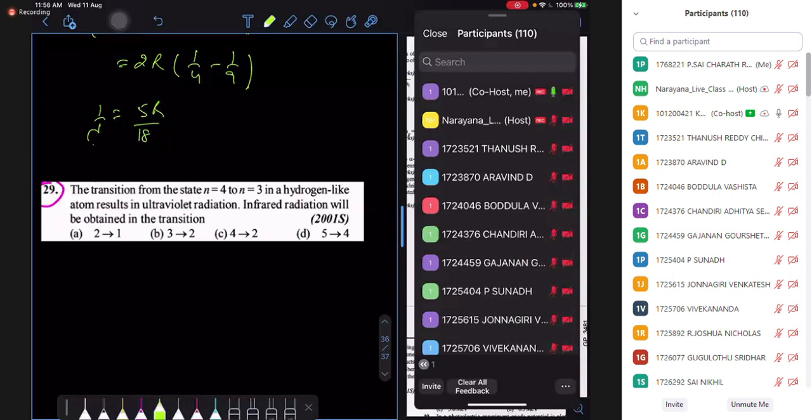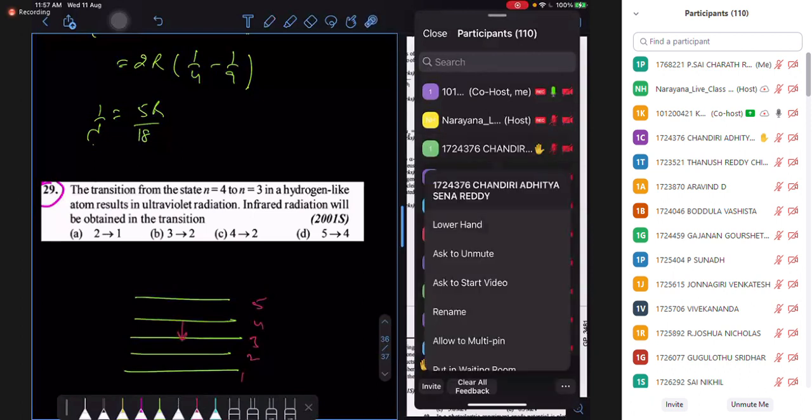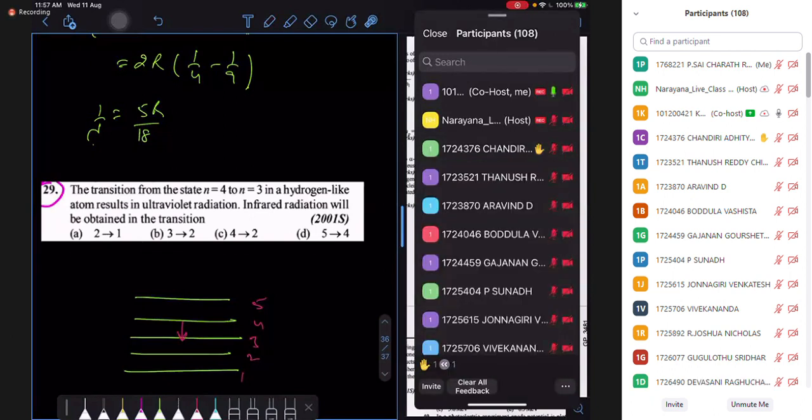So I want to check for less energy. n equal to 1 is there, 2, 3, 4, 5. This is my energy. 4 to 3 is going to be ultraviolet. So which one will give me the infrared out of the 4 possible options? It's not asking exactly, it's just asking for comparisons.